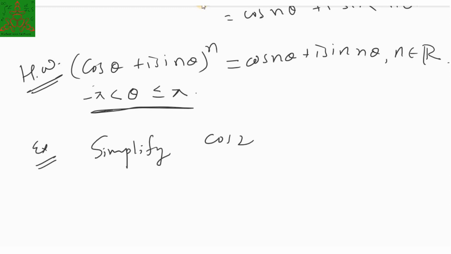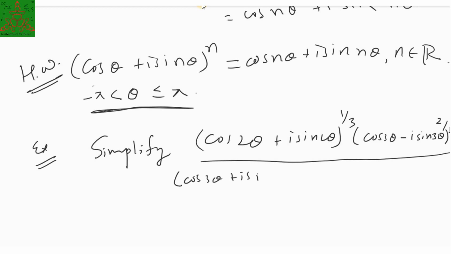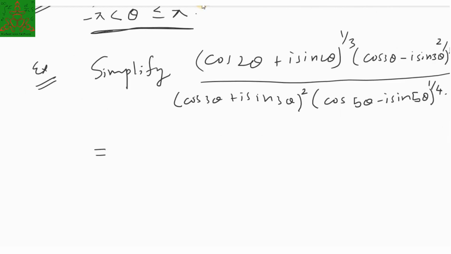Simplify (cos 2 theta plus i sin 2 theta)^(1/3) into (cos 3 theta minus i sin 3 theta)^(2/3) upon (cos 3 theta plus i sin 3 theta)^2 into (cos 5 theta minus i sin 5 theta)^(1/4). So to simplify this, let us take this expression.